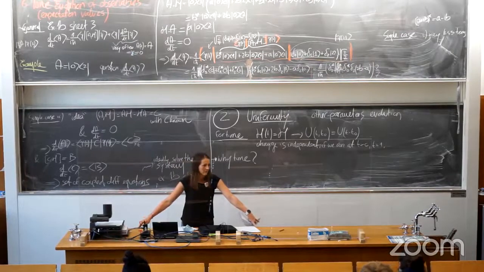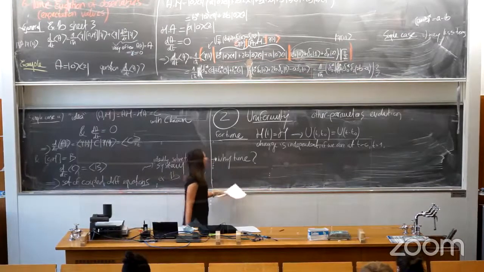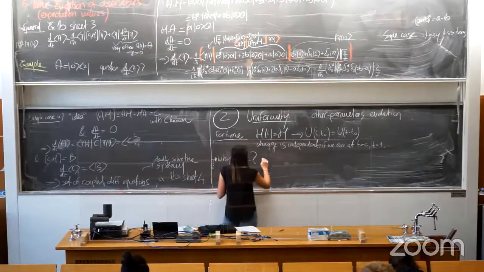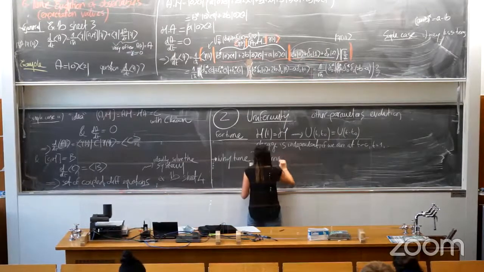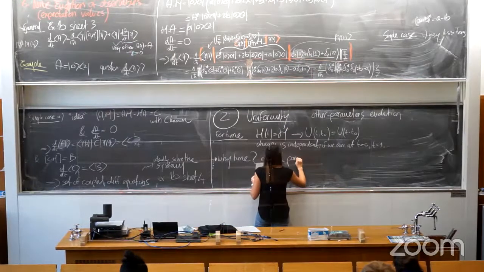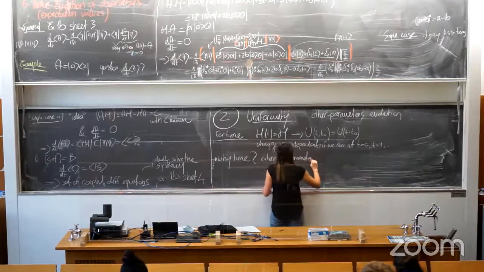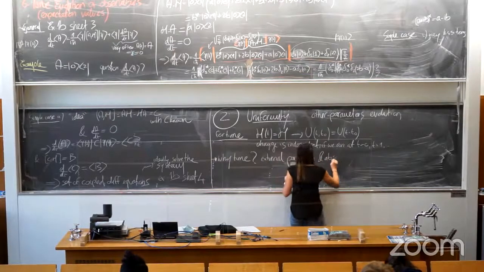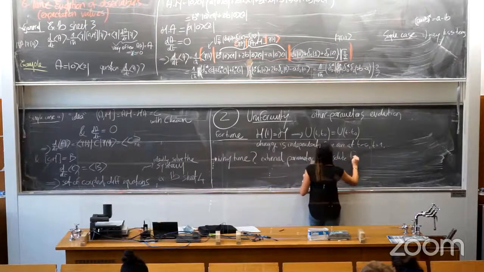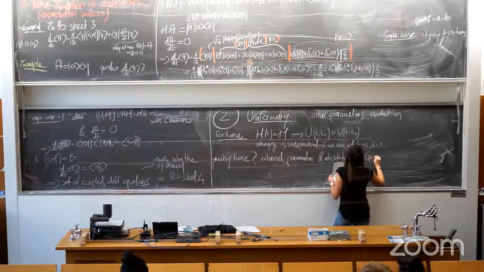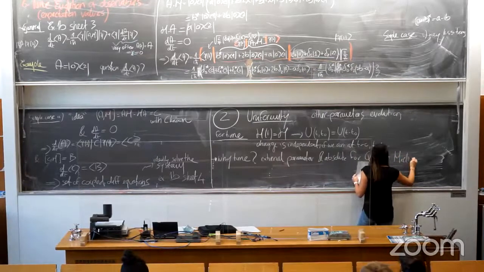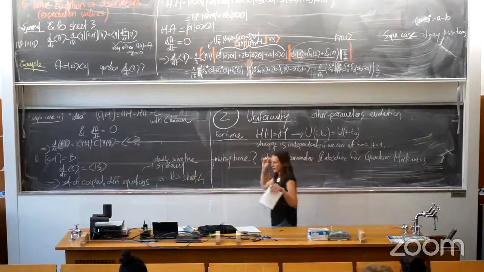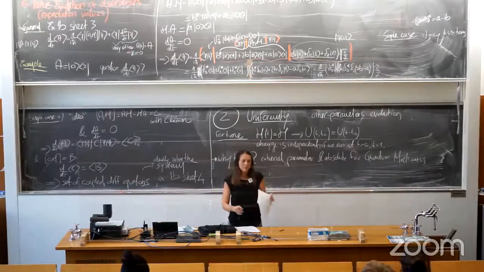So here the question is that time is an external and absolute parameter for quantum mechanics.